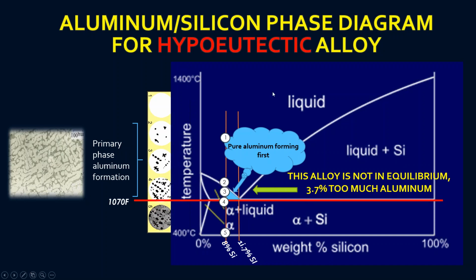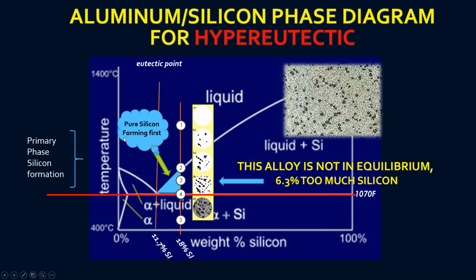And the next one is hypereutectic. As it starts to cool, the silicone, being more than 11.7%, will solidify first. And it forms, as you see up here on the right, those little nodules of silicone first. That's important to the hardness factor when we start cutting grooves in that.